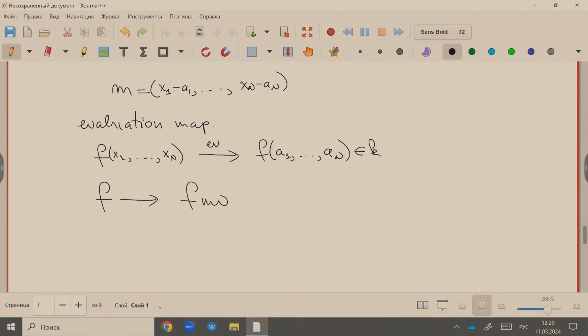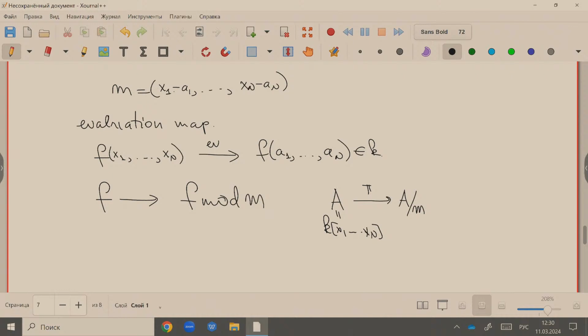So you have an algebra of polynomials k[x1, etc., xn], and it maps to the quotient A modulo m. So you can consider the polynomial and take its values modulo m.